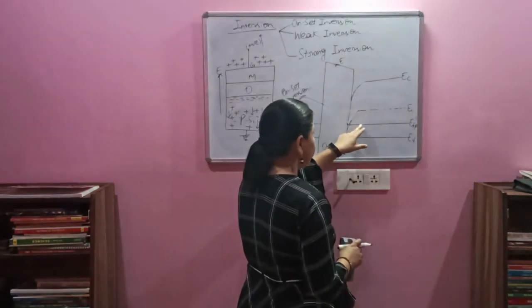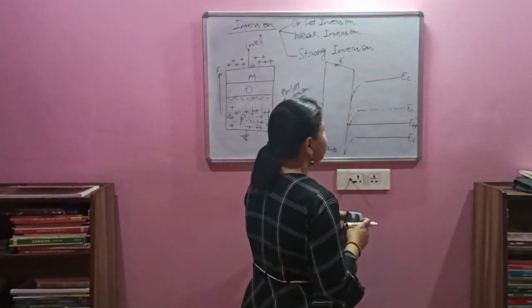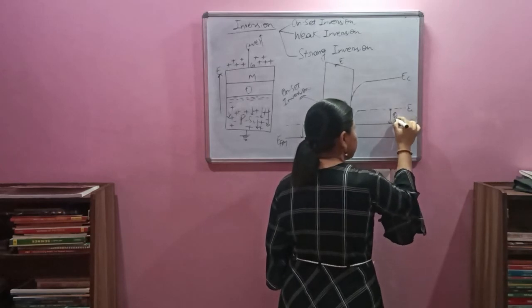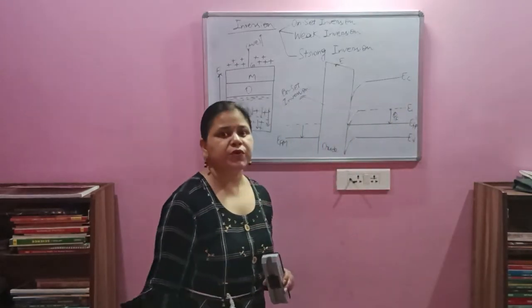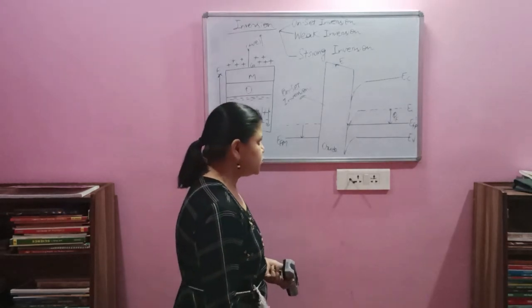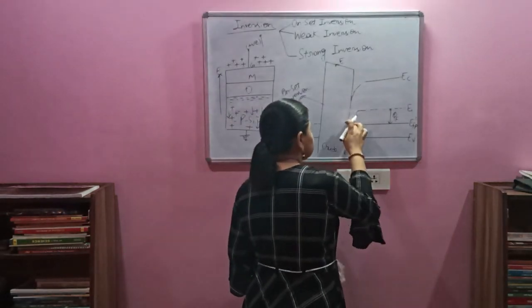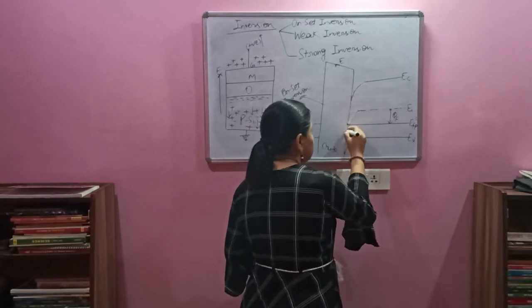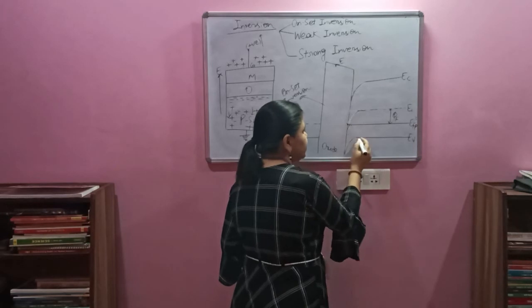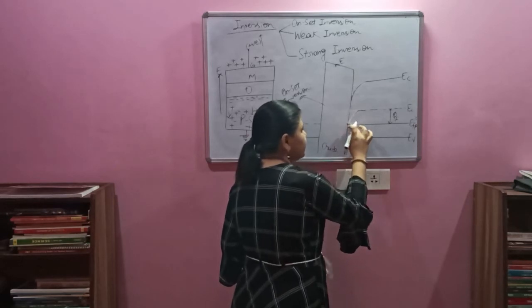This intrinsic level has crossed the Fermi level, and we know that the gap between them is denoted as phi f. This is the Fermi potential, or it is also denoted as phi b, which is the bulk potential. So it has crossed over here, but it is not equal to phi f.